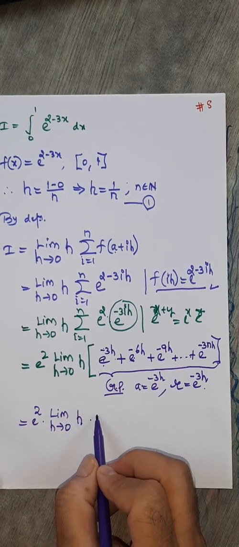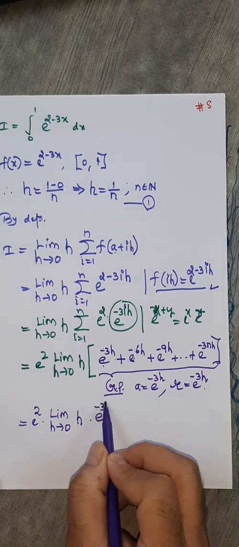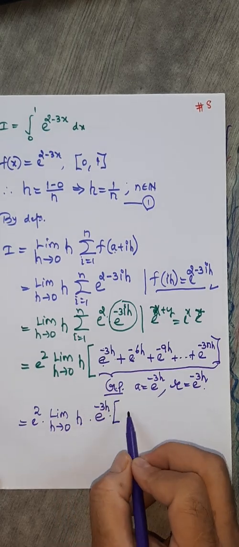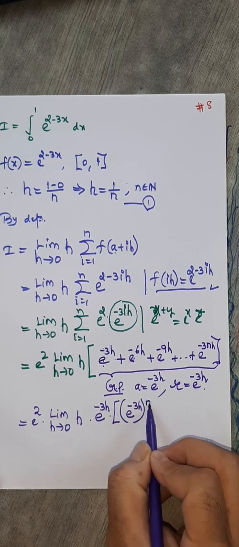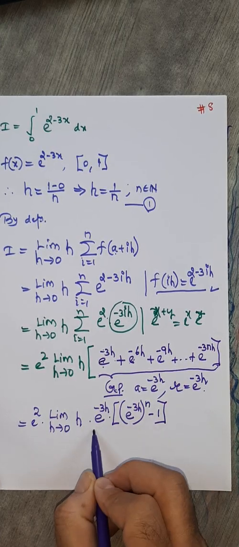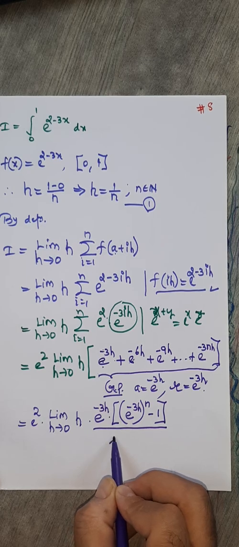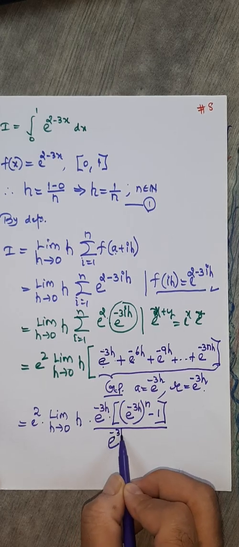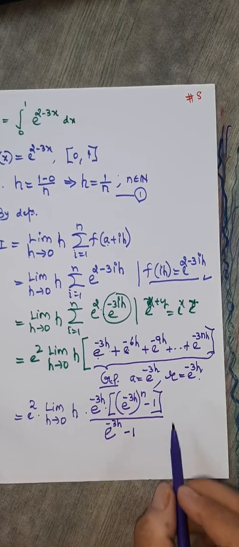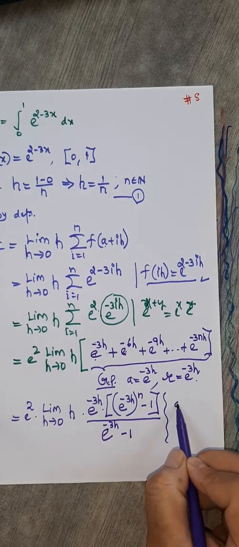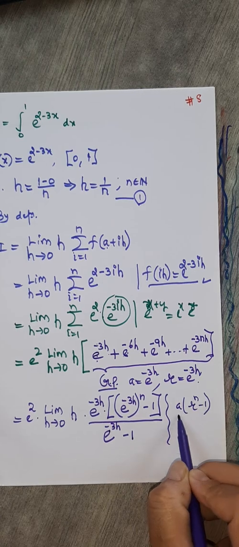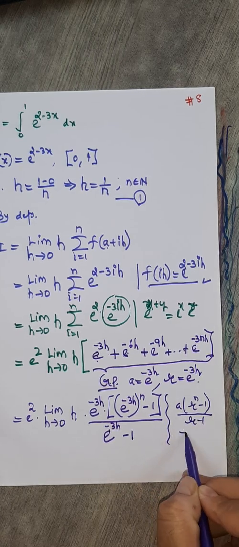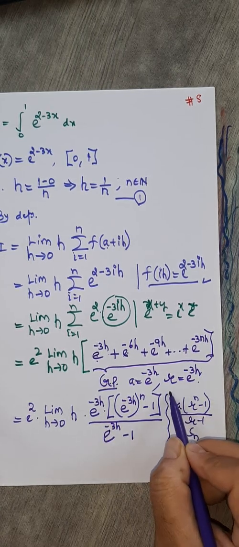What about this a? What is a? e raised to minus 3h into r raised to n minus 1 upon r minus 1. The formula used is a into (r raised to n minus 1) upon (r minus 1). This is the formula for Sn.